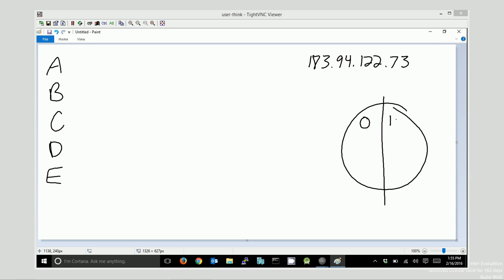So Class A is anything that starts like this. Any address that starts like this falls into B, C, D, or E. So literally half of the address space is A. Now, the smallest would be all zeros, right?